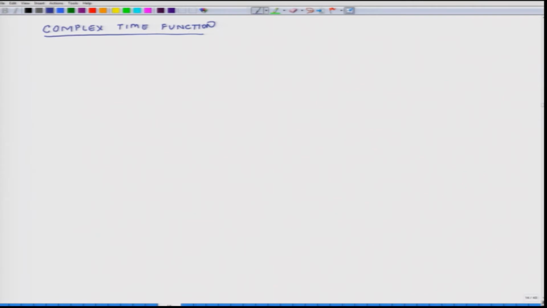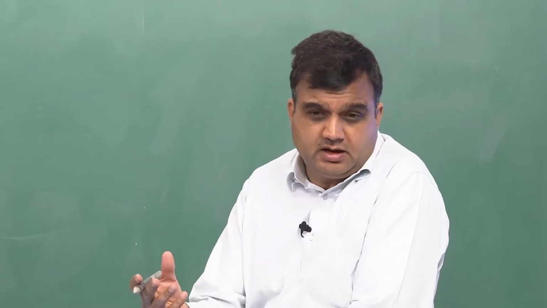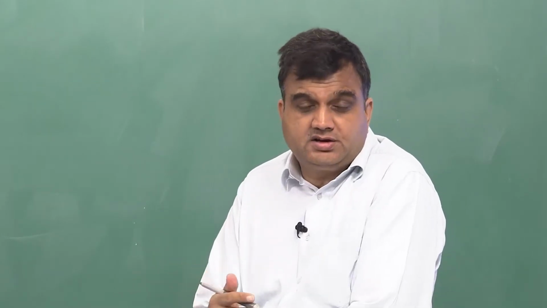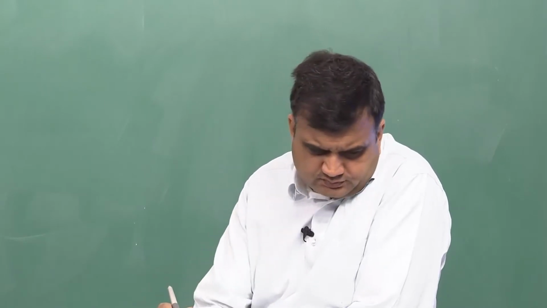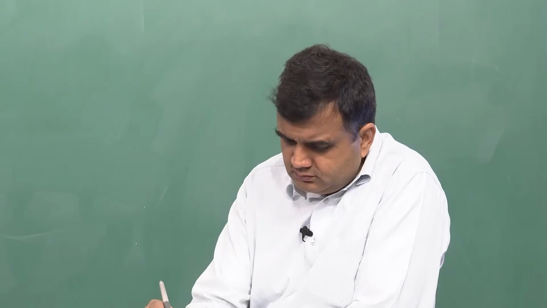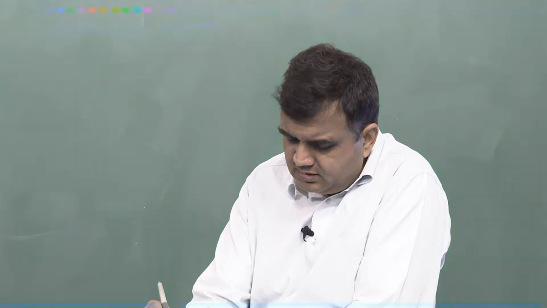So, what is a complex time function? It's a function which is complex in character. So, it has a real part and an imaginary part, and it changes with time. This is how we define it.